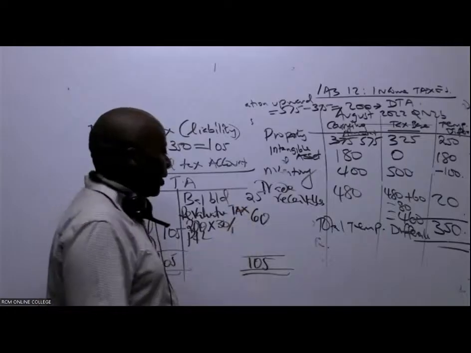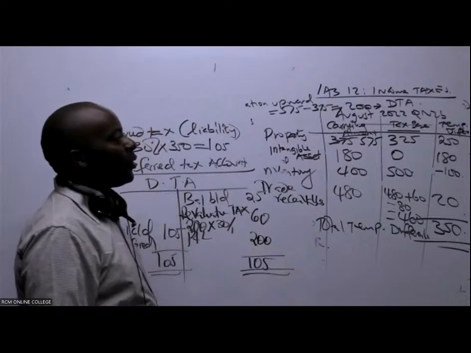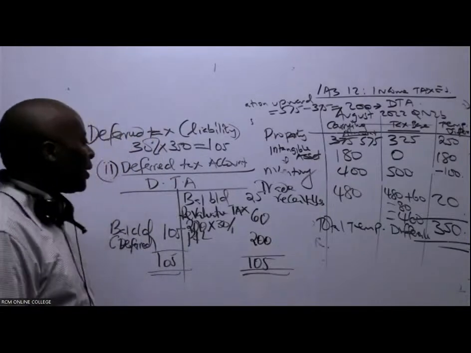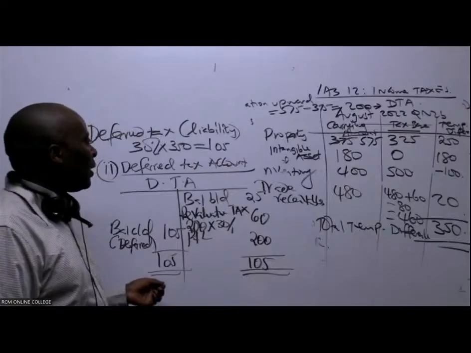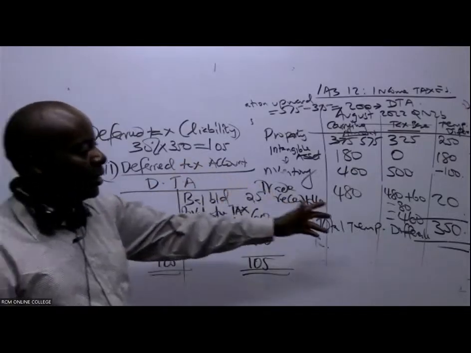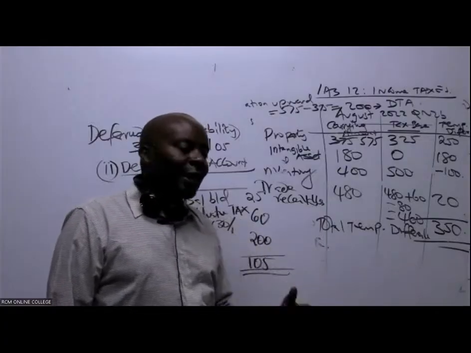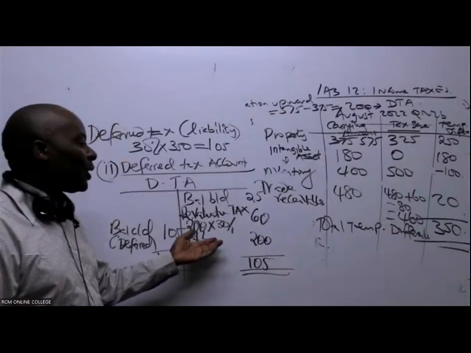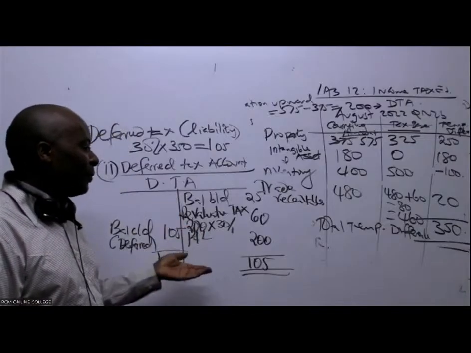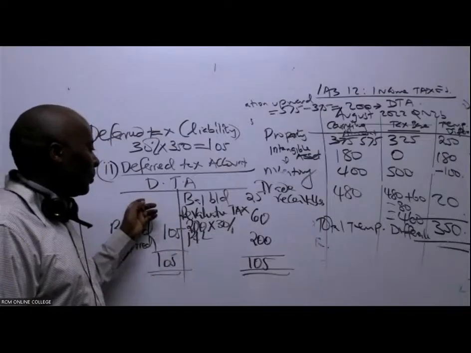Great. 200, 200, 200, 200, 200. So, of course, in this case, ladies and gentlemen, if a good student is asking, what would have happened if this was, for example, a negative here? All right. Then our balance carried down would have come on, if it's an asset, remember assets, what do we do with assets? Balance brought down normally comes here.